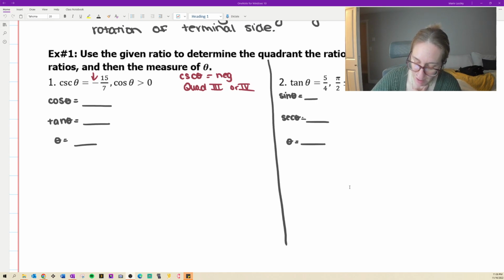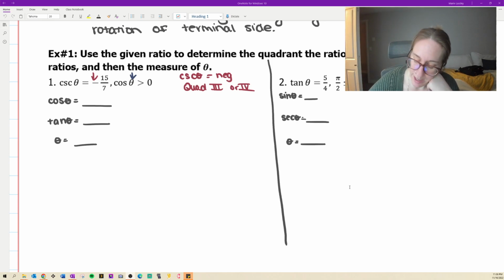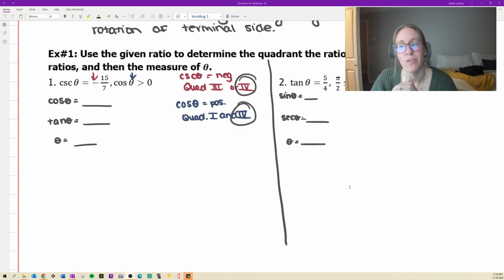Next, it tells me cosine theta is positive. Cosine is only positive in quadrants 1, not 1 and 2, 1 and 4. So we are looking for the overlap, which is quadrant 4. All right, so that means that I must be in quadrant 4.